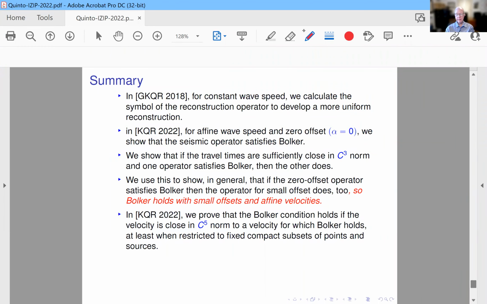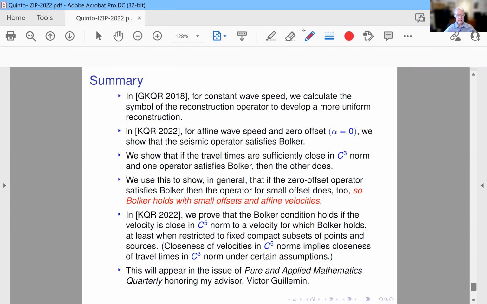So if one of the operators we talked about, like F0, satisfies Volker, then F1 can, at least if the velocities are sufficiently close. In other words, closeness of the velocities in C5 norm implies closeness of travel time in C3 norm under these rather restrictive, but okay, assumptions.